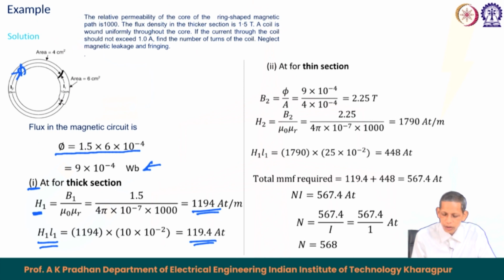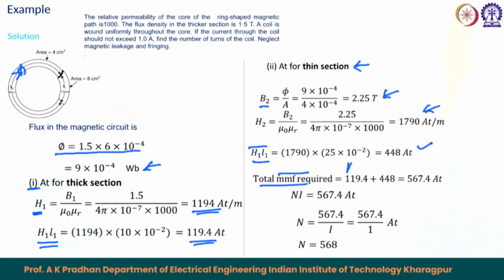Now for the thin section, B 2 equals phi upon A. Because phi flux is the same but areas are different, the thinner section has a larger value of B. So, the corresponding H becomes larger than H 1, and multiplying by L 2, we get the corresponding ampere turn to be 448. The total MMF required is the ampere turn 1 plus ampere turn 2 for the thinner section, and the combined ampere turn is 567.4 ampere turn.